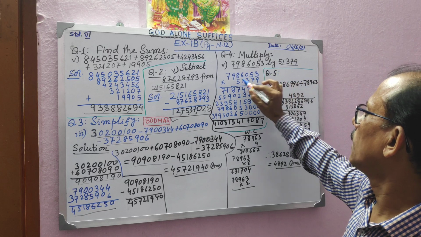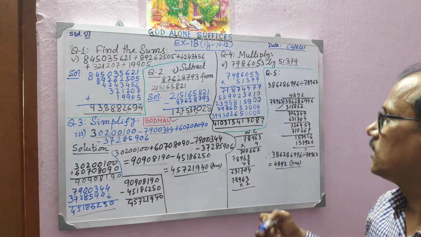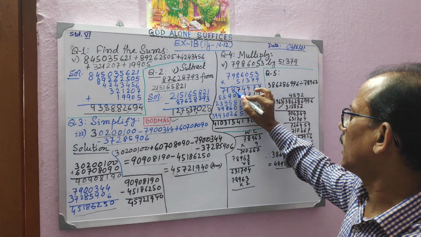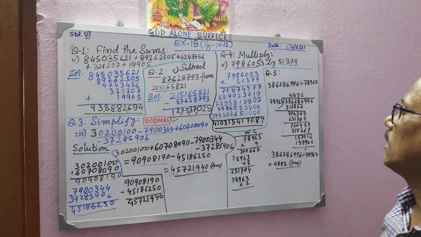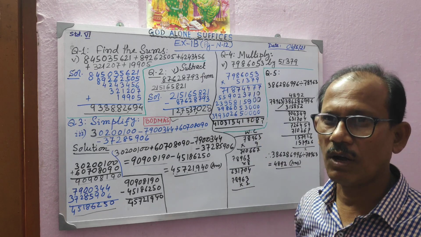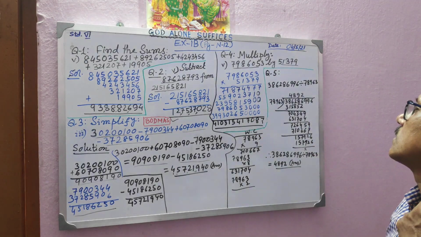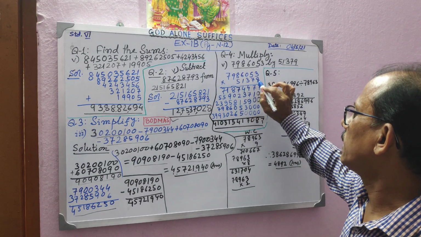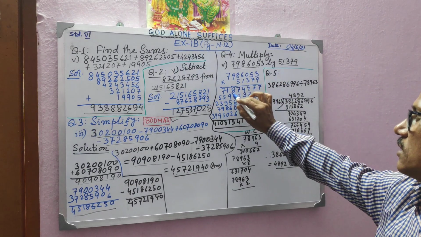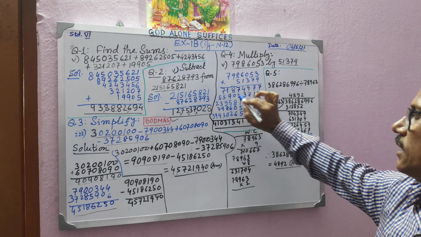Now 7 carry over, 9 multiplied 9 is 81 plus 7 is 88. 8 carry over, 9 multiplied 7 is 63 plus 9 is 72. 7 multiply 9 is 63 plus 9 is 72.